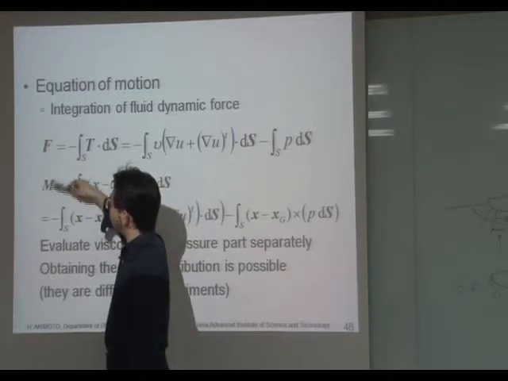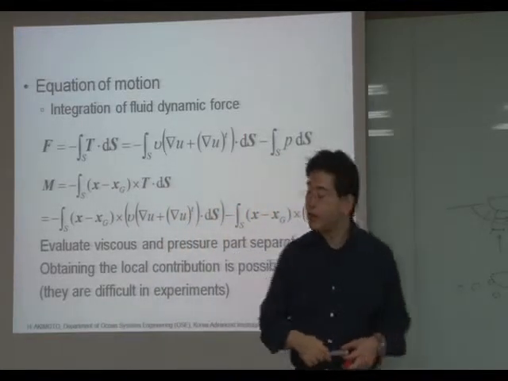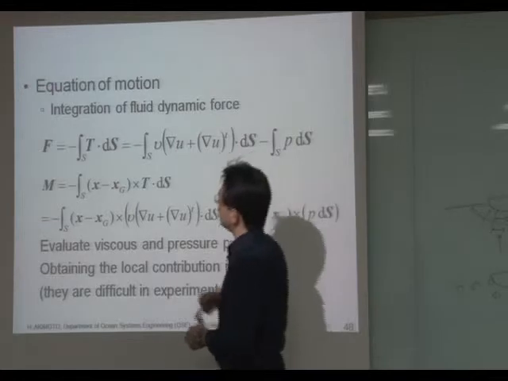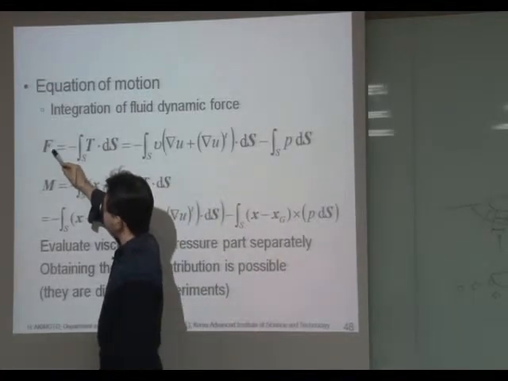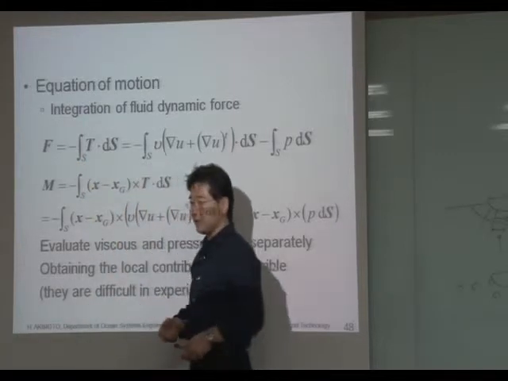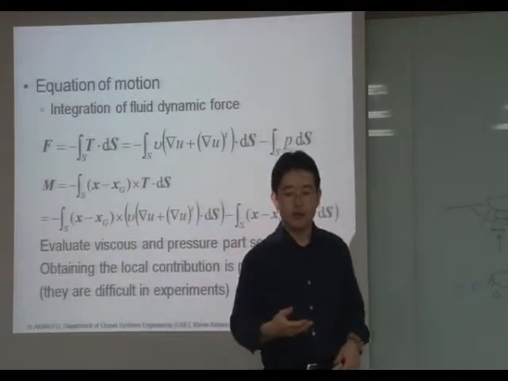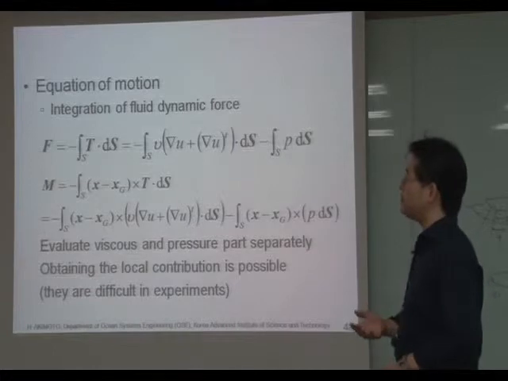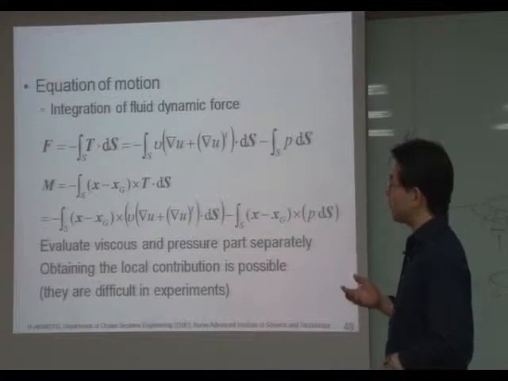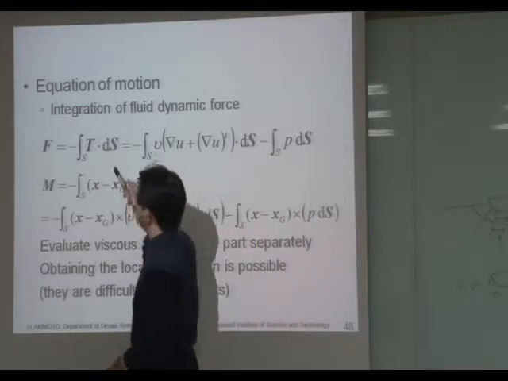We have to consider both components. If it is in three-dimensional arbitrary motion, this fluid dynamic force F has three components, and the moment also has three components. So it has 6 components in total, so we can solve general 6 degrees of freedom of motion.